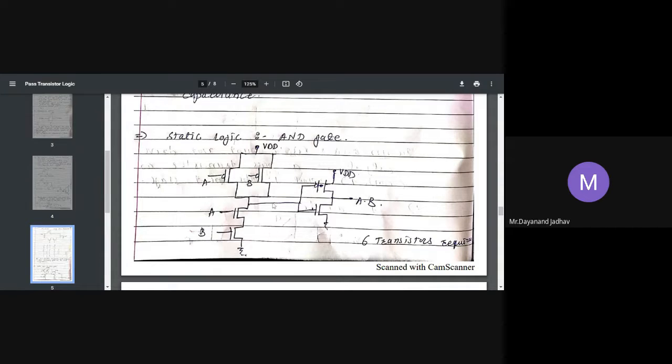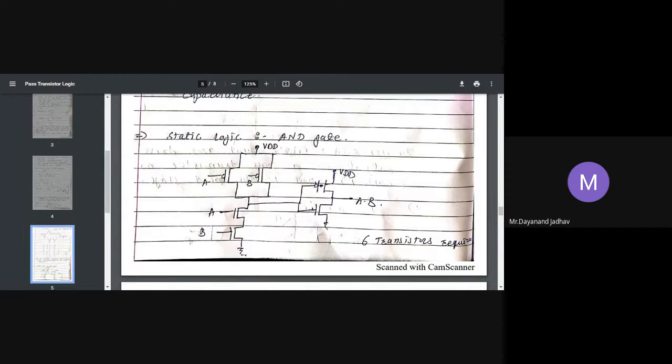Here the inverted output is created, then again an inverter is given, A and B double bar, which means there are six transistors: one, two, three, four, five, six. Six transistors are there when we consider the design using static logic.